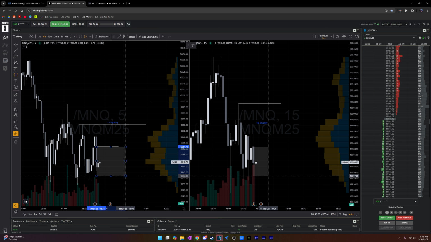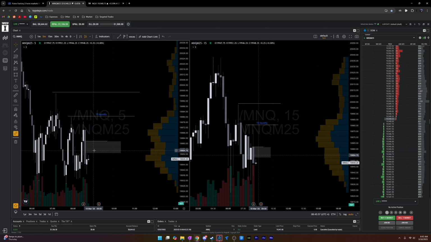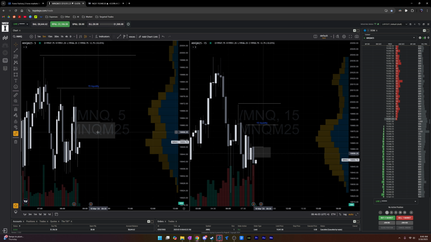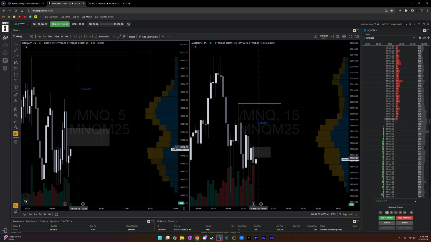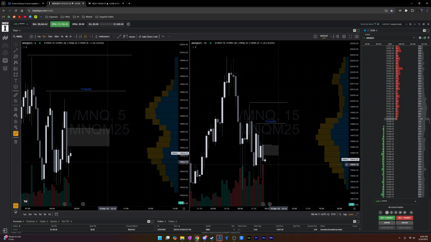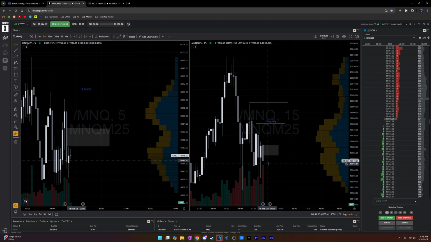This could possibly be an area of an imbalance forming. So I actually don't think we'll go here anymore. We may just go a little bit on top of this 5 minute, maybe up to like the 50% and then reverse, but we'll see. I think this is a little bit bearish now.